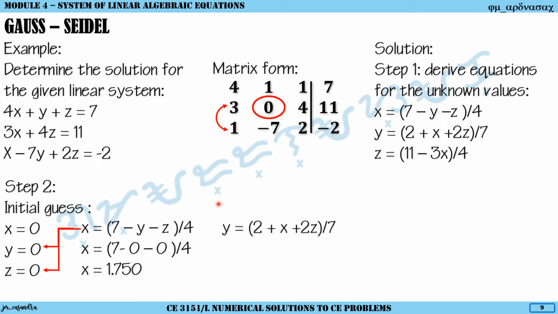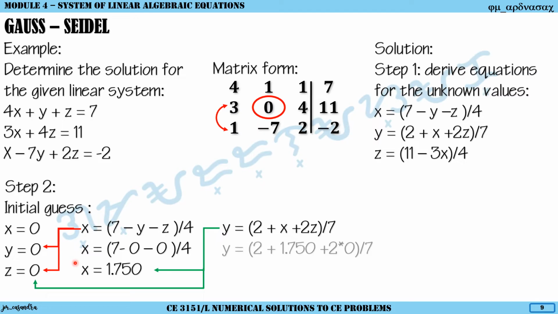Next, we solve for y, which is given by the equation 2 plus x plus 2z divided by 7. Here, we'll now be using our first assumption and the computed value of x from our first iteration.